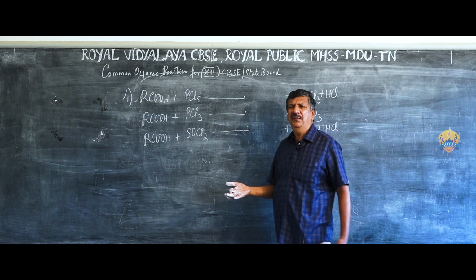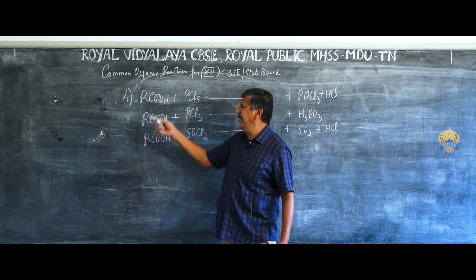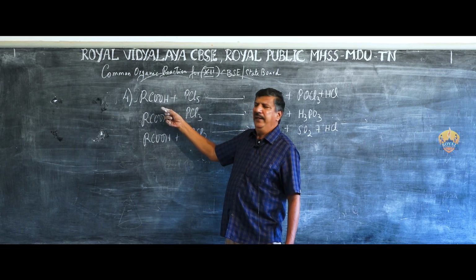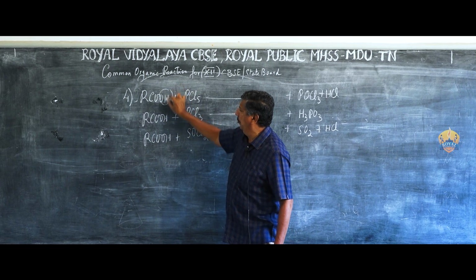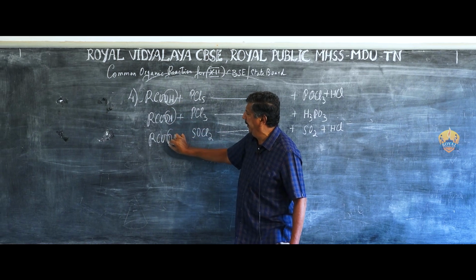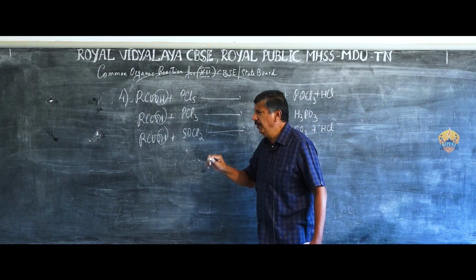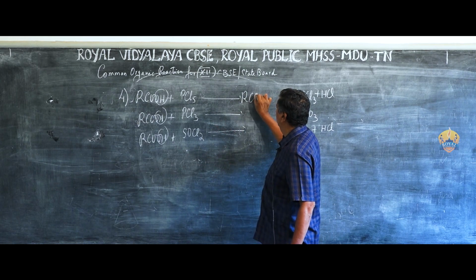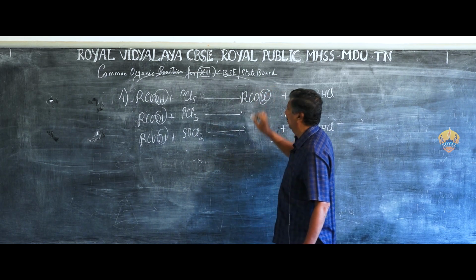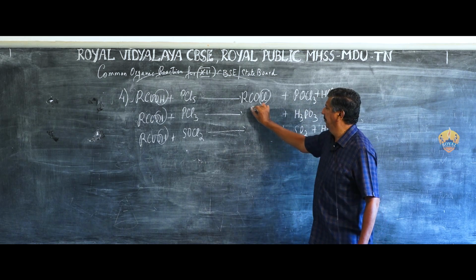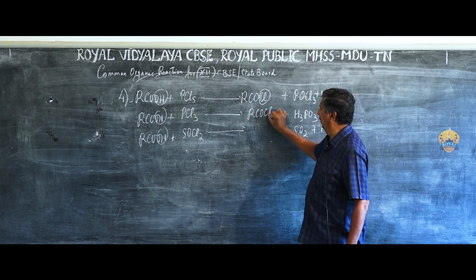Here also, even though it contains an acid group, it contains an OH group. You watch this OH group in the acid. So what you will do? You have to convert the OH alone. That's all. Like this. Very easy.